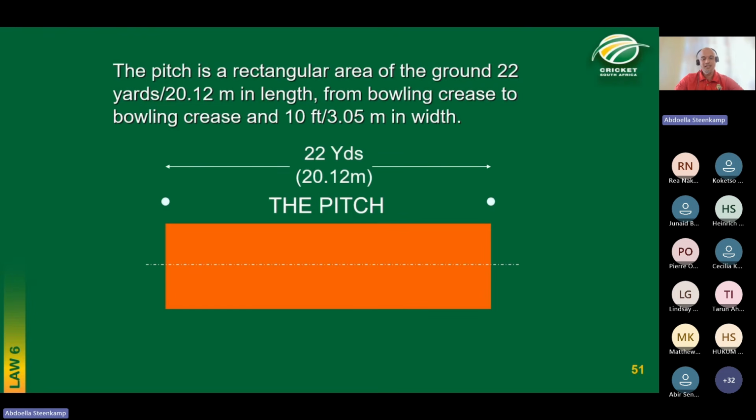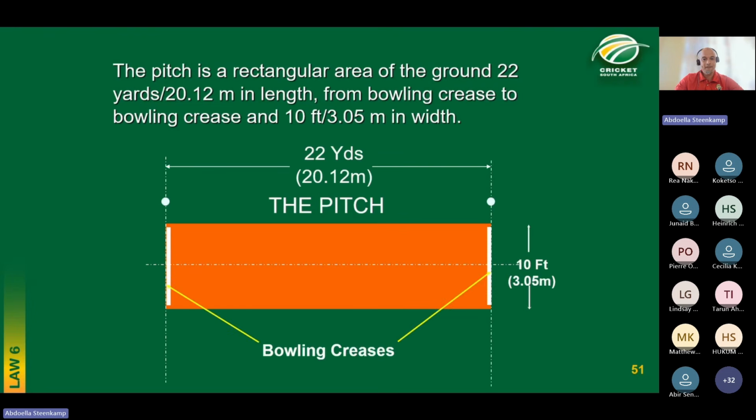What is the width of the pitch? 3.05 meters or 10 feet. You'll notice in the picture the bowling creases. We will see in the next law the length of the bowling creases, and for now it is 2.64 meters, but we'll get there in the next law.